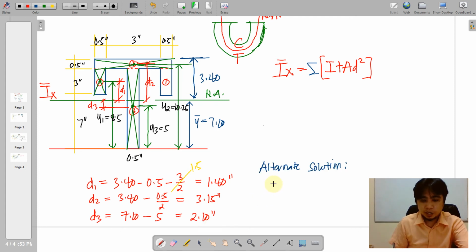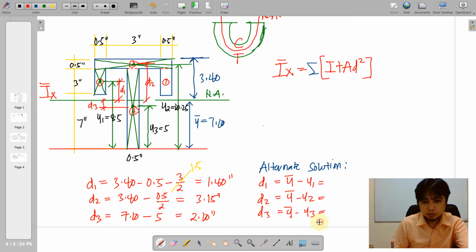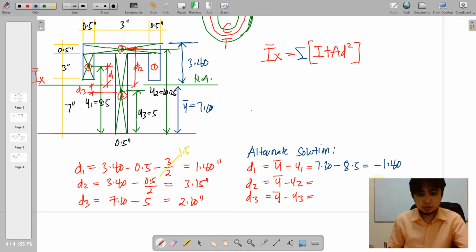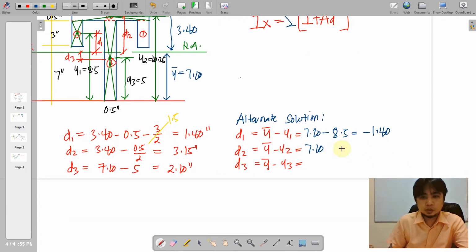Okay, for an alternate solution, you may subtract your computed y bar from the corresponding y's. So what is our y bar? 7.1. We have negative 1.4. So the y bar minus y2, or 7.1 minus 10.25, is equal to negative 3.15. And D3 is equal to 7.1 minus y3, which is 5.